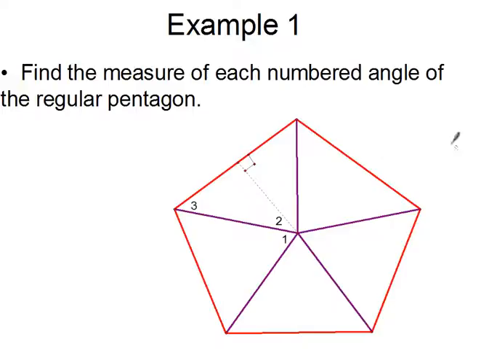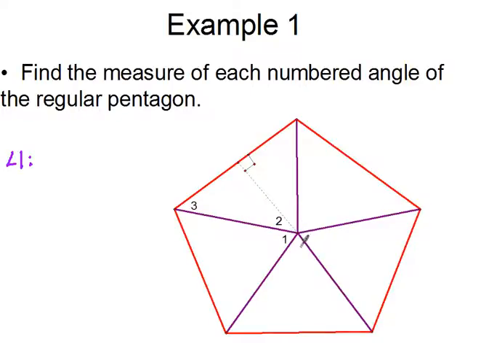Alright, just a little exercise to get us started. It's a pentagon. So a pentagon has 5 sides, right? Sorry about that. So pentagon has 5 sides. So let's start with angle 1, and we'll go from there. So angle 1 is inside the middle.